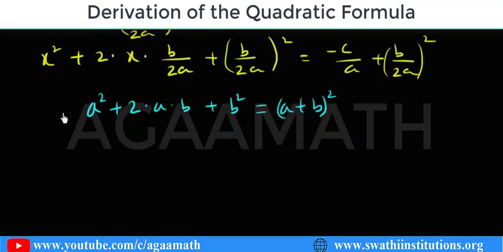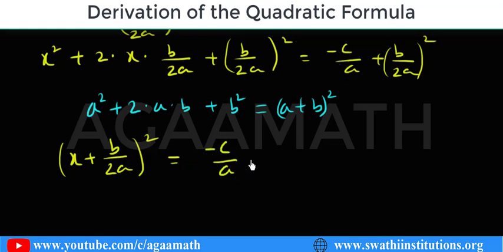See there, a square is x, plus b by 2a, whole square. a square plus 2ab, where b is b by 2a, so a plus b whole square equals minus c by a plus b square by 4a square.